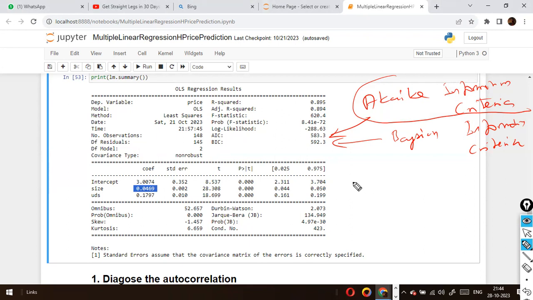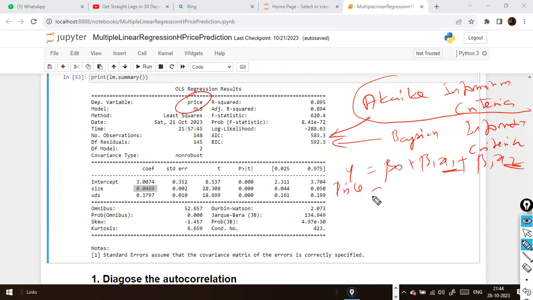For example, what is your dependent variable? Price. The regression is y equal to beta naught plus beta 1 x, right? Since we have more than one independent variable, x1, x2 will come. So beta naught, what is the intercept? 0.3074 plus what is your beta 1?